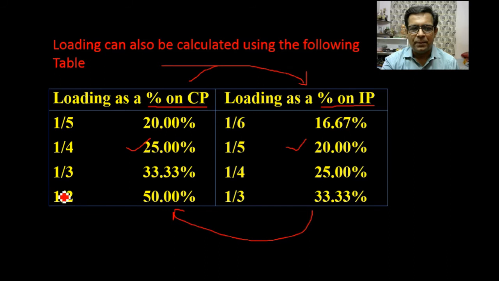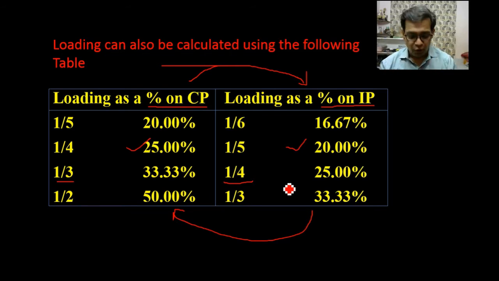For example, if loading is 33 1/3%, which means 1/3 on cost price, 3 plus 1 is exactly 4, so it becomes 1/4 on invoice price. If you are moving from invoice to cost, subtract 1 from the denominator. This is one way.